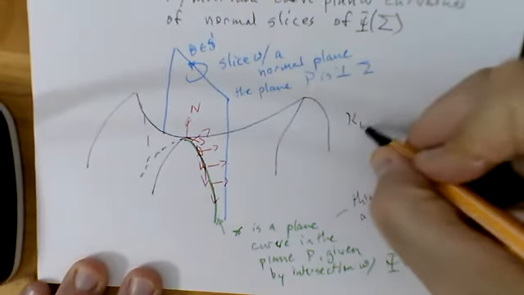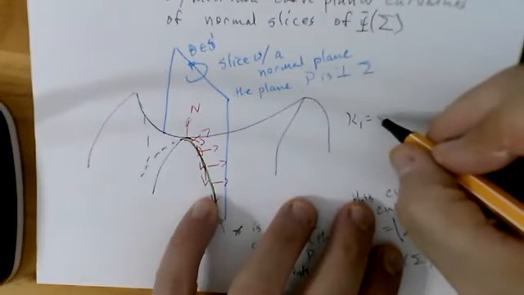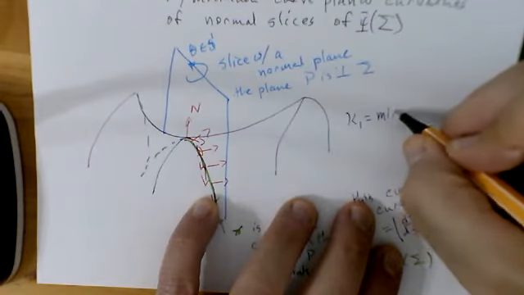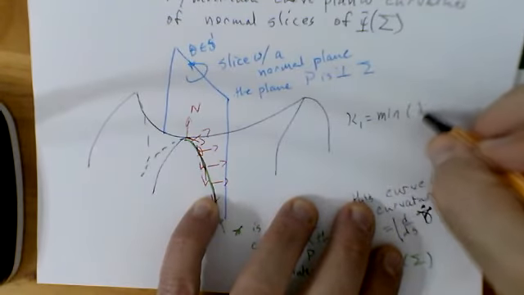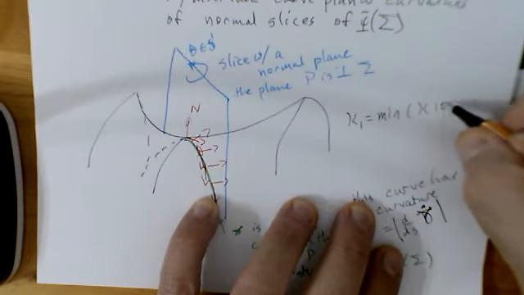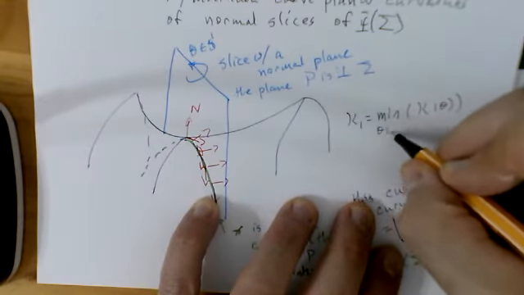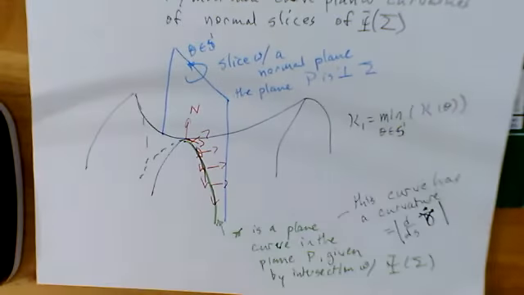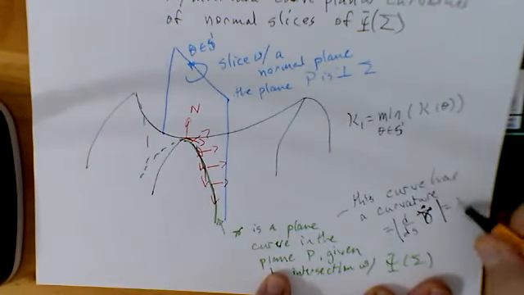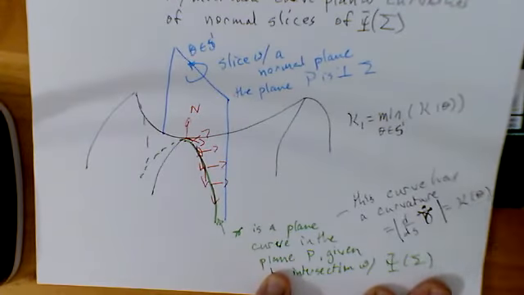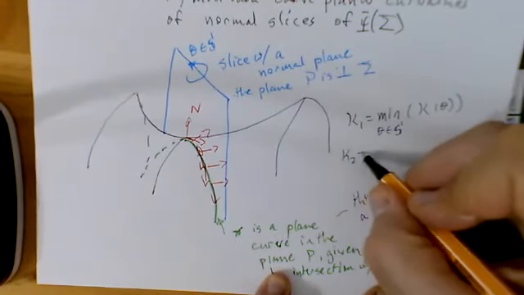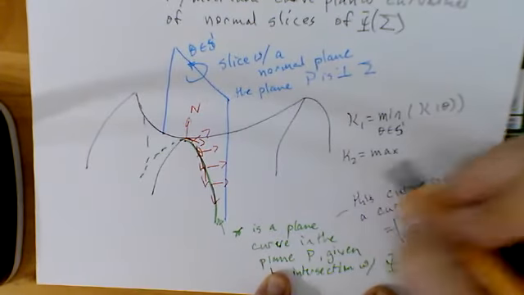So I can say that kappa 1 is the minimum of kappa of theta, where I minimize over theta in S1. And kappa 2 is going to be the maximum.